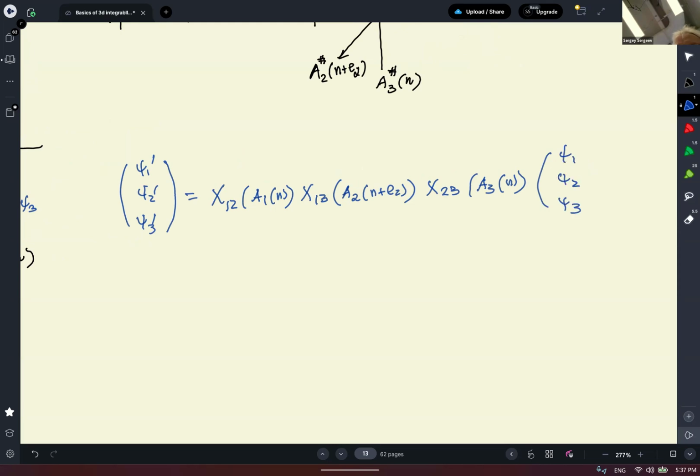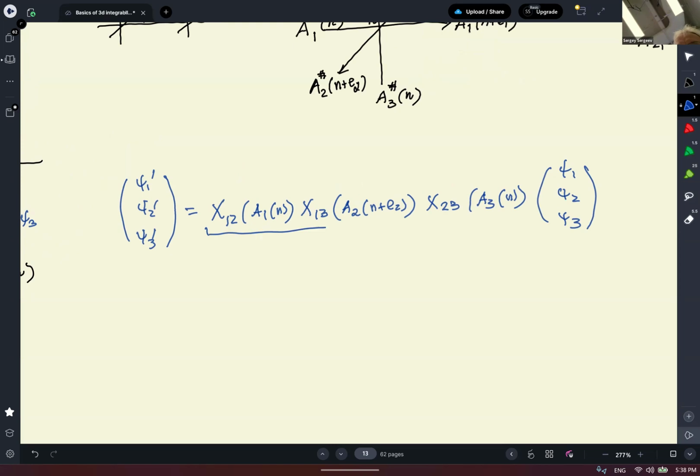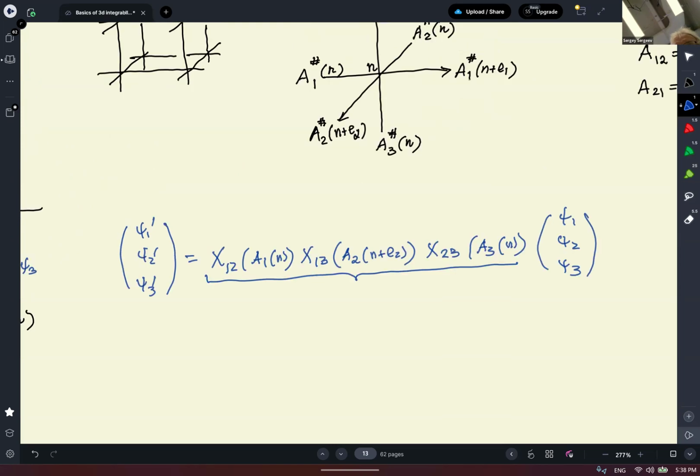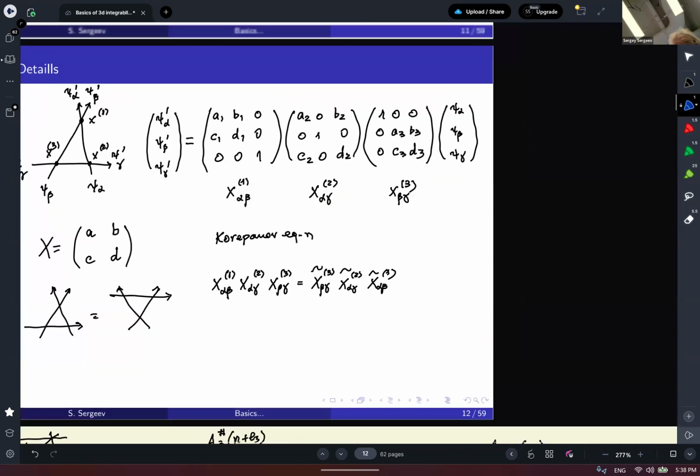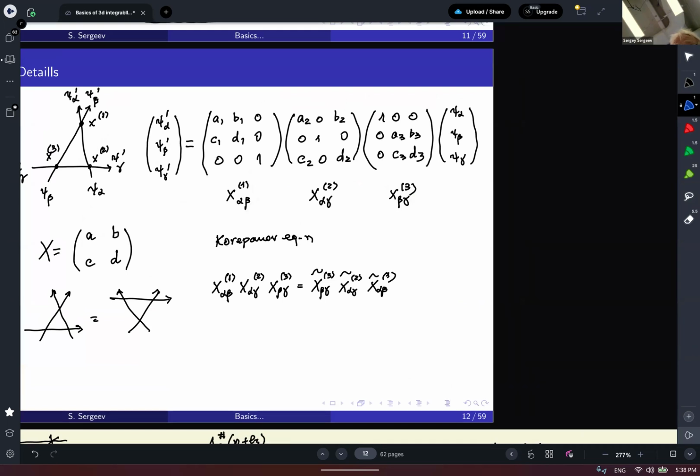So that's the solution, a ready-to-use solution of the auxiliary linear problem. And this fellow, that's exactly the matrix which is described above.